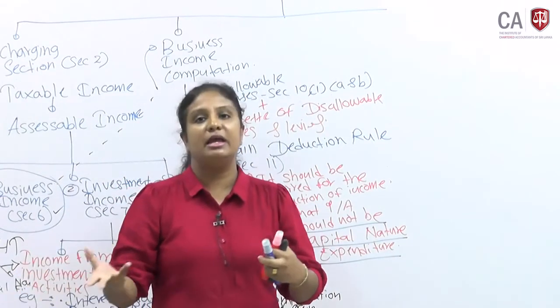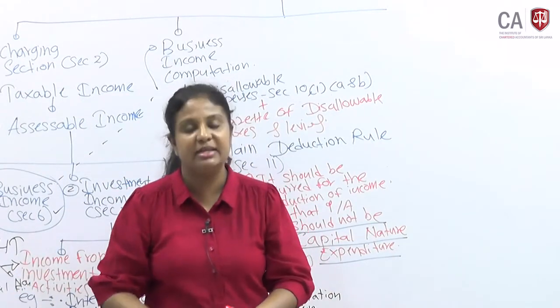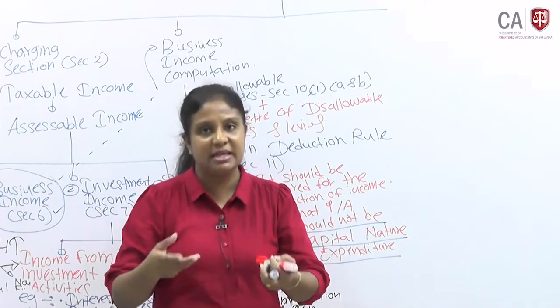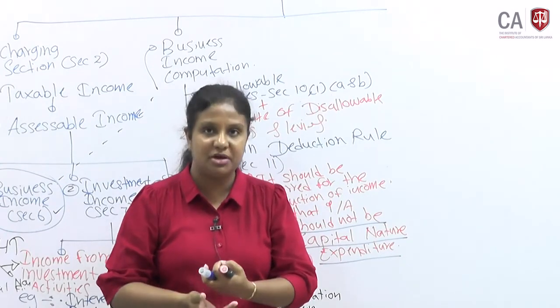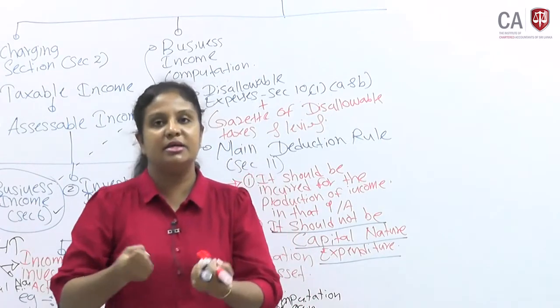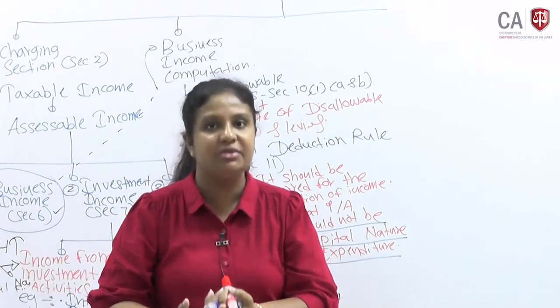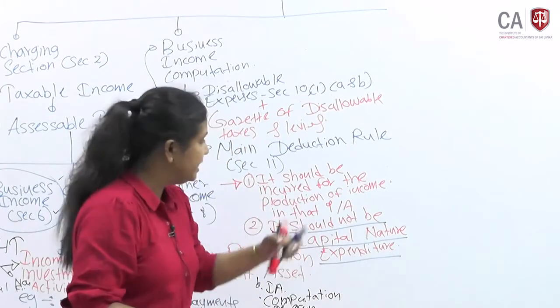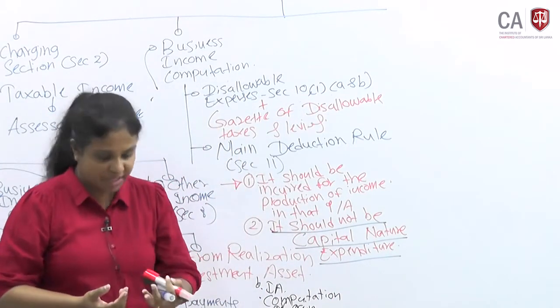What are the accounting standards we are using? SLFRSs, LKASs and the SLFRS for SMEs. Based on these standards we are preparing financial statements, and then it is linked to the income tax too.